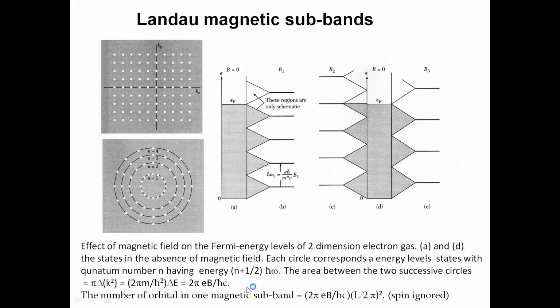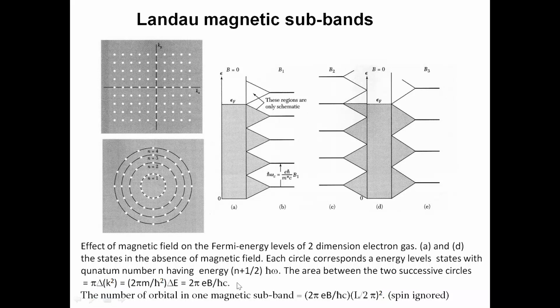Now we can simply calculate the area between two successive circles. This is pi delta k square, and this is 2 pi eB by hc.